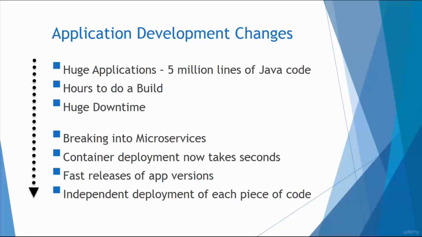There is also independent deployment of each piece of code, so not one place is required for all these developers or programmers to sit in and code. They can be anywhere, independent of each other, and be working on a specific set of code or instructions.